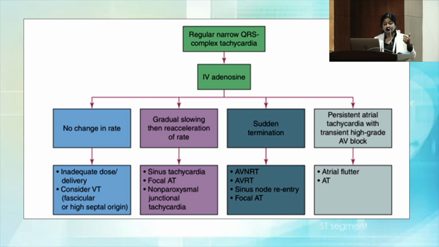Otherwise, you can see a gradual slowing, then again it goes back to its normal rhythm. What's the cause? Sinus tachycardia or any other atrial tachycardia arising from outside the AV node. Sudden termination: AV nodal reentry tachycardia and atrioventricular reentry tachycardia. Or the rhythm is still persistent, there's no change after adenosine. That is atrial flutter or fibrillation.